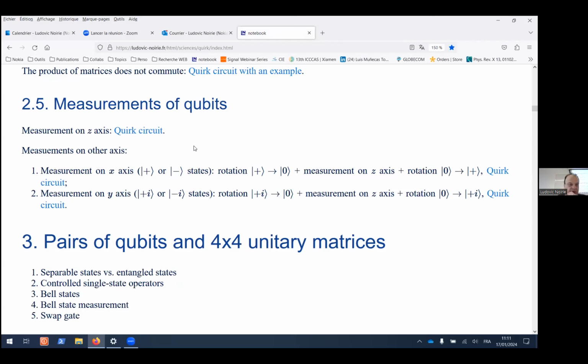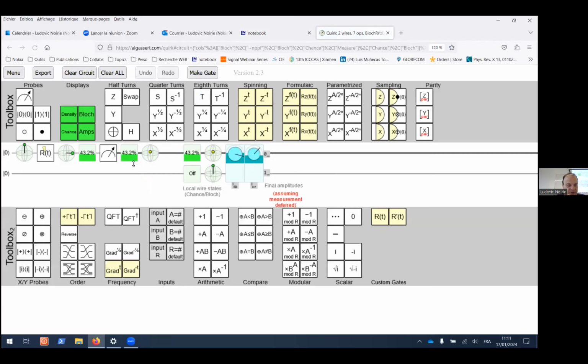Then we have to close with the qubits. We can measure the qubits. The only measurement that is implemented in Quirk is the measurement on the z-axis. The measurement gate just transforms the qubit into a bit that is with some probability equal to 1 or 0.